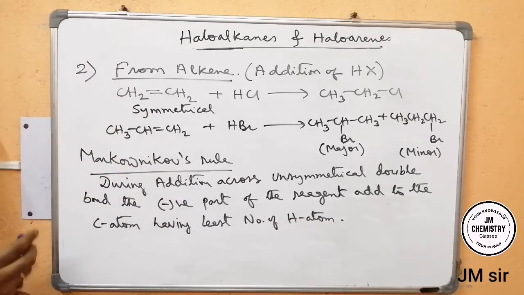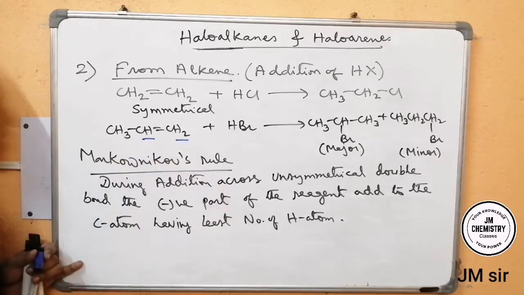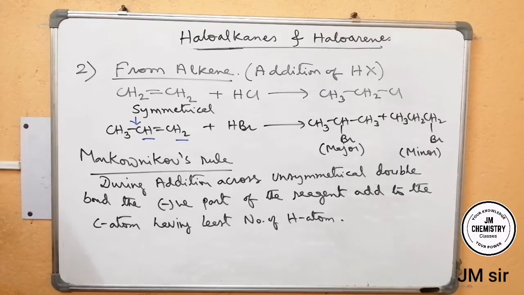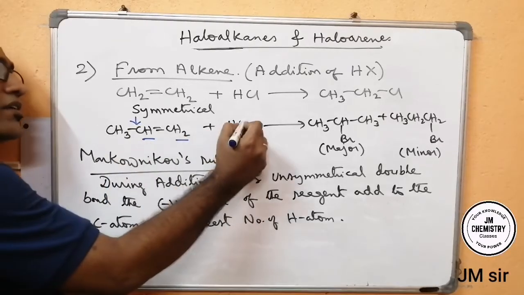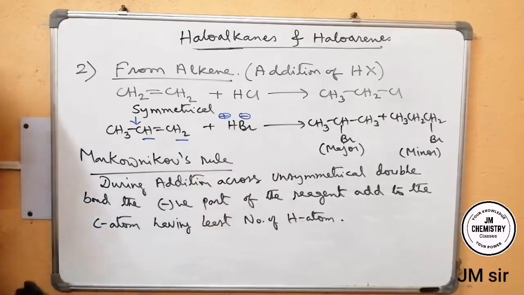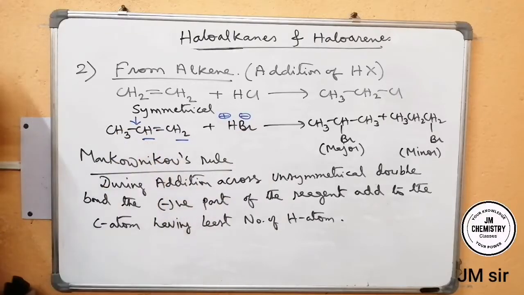So here we can see the double bonded carbons, this one and this one. Now this carbon has the least number of hydrogens, so Br minus will add to this carbon. Br is the negatively charged and H is the positively charged species. So the negative species will go to this carbon. So this is the Markovnikov rule.